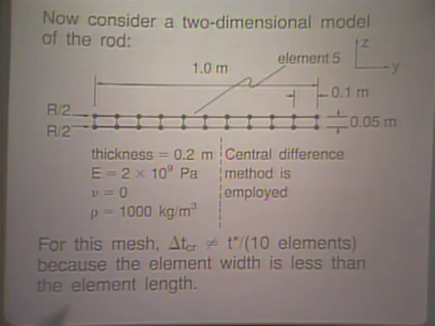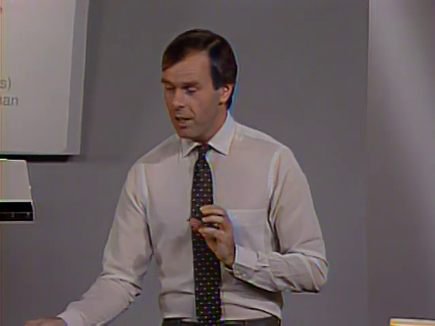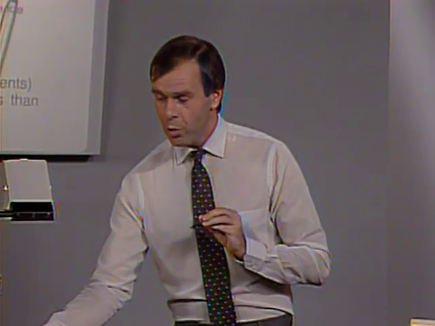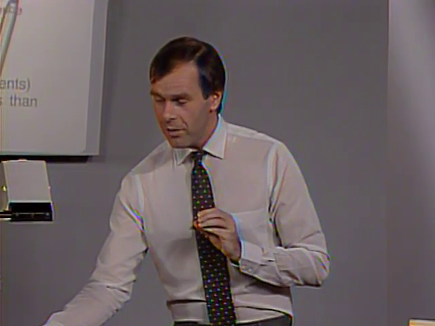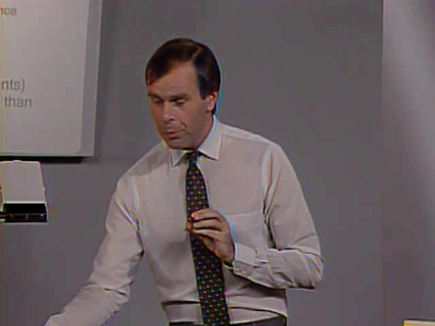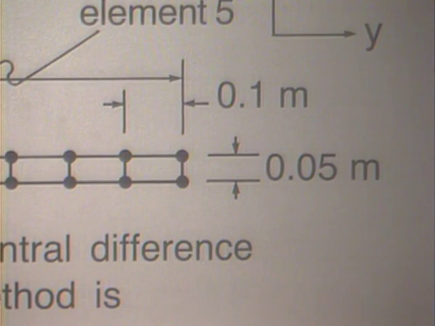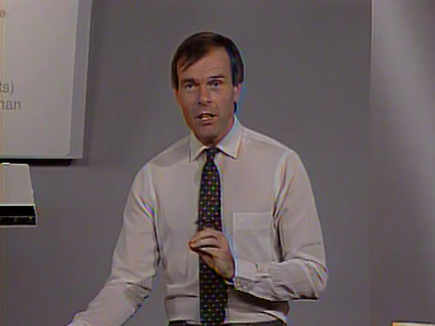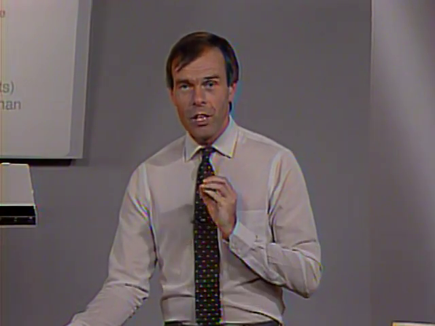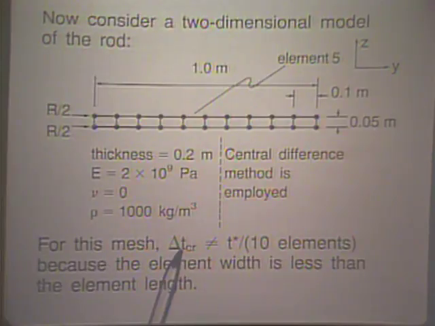Please refer to the previous lecture in which I discussed this already. You have to use the shortest distance between nodal points within an element to determine the critical time step. So this relationship here does not hold anymore because this distance is less than that.